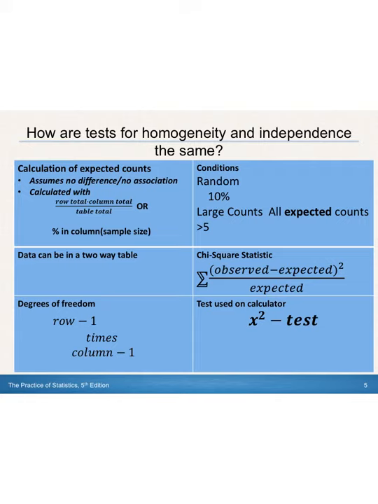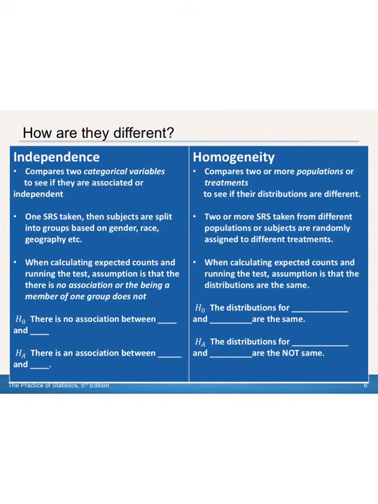The conditions are the same: random, 10%, large counts, all expected counts have to be greater than 5. Data can be displayed in a two-way table. Your chi-square statistic is the sum of all the observed minus expected, squared, divided by expected, over all cells. Your degrees of freedom come from row minus 1 times column minus 1, and the test used on the calculator is the chi-squared test.